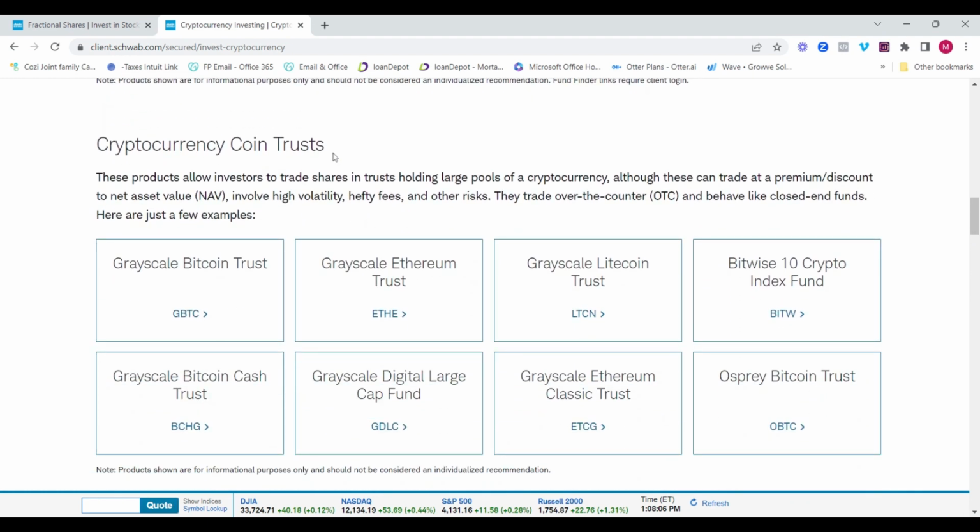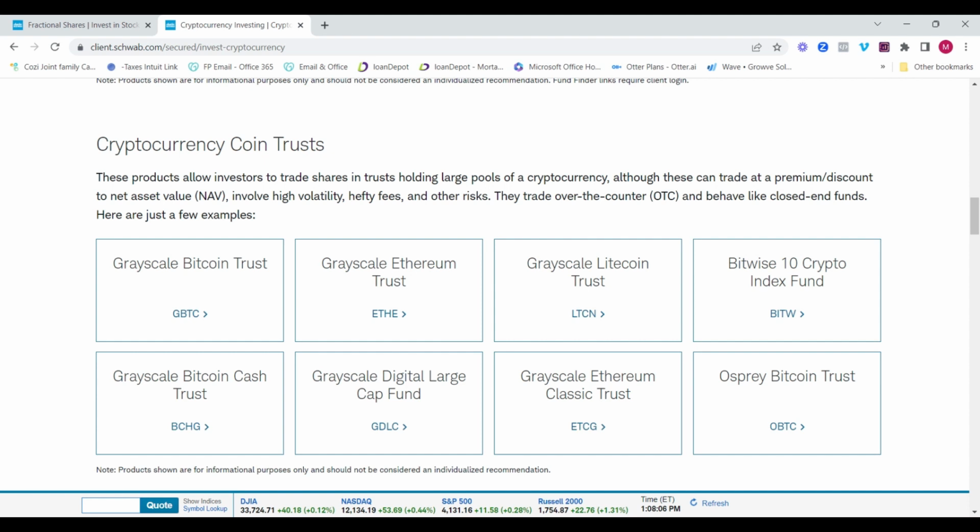So there are also cryptocurrency trusts. Think of them as an ETF in a sense. So someone is holding and managing a certain amount of cryptocurrencies, and they are now selling receipts of those on an exchange, and it's usually the over-the-counter exchange, but we call it more of a closed-end fund.